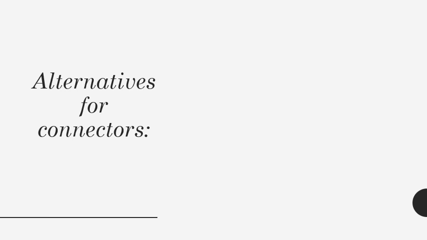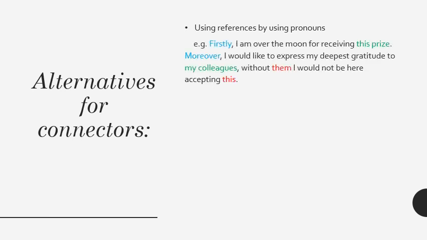That idea is alternatives for connectors. Not all the time you have to write connectors just to use cohesion, but you can use references. References, yes, some words to indicate some other words, so using references by using pronouns.